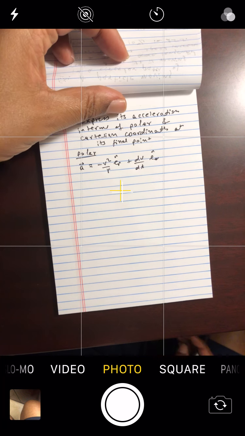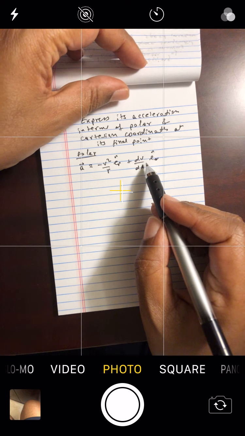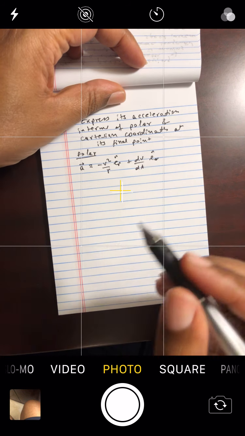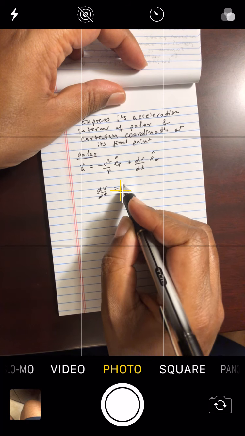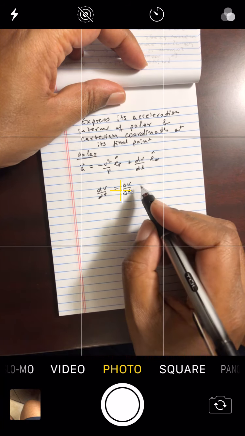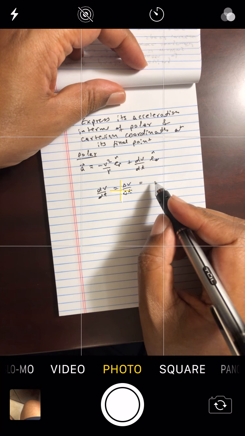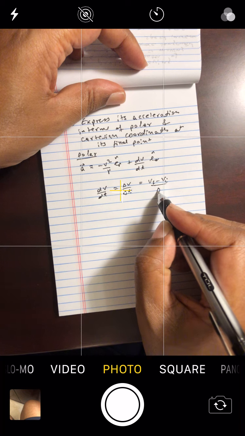Alright, now there is tangential acceleration. This acceleration is uniform, so we can say dv by dt equals delta v by delta t because it's a constant, and the velocity increases from 5 to 10. Okay, it's v final minus v initial divided by delta t.